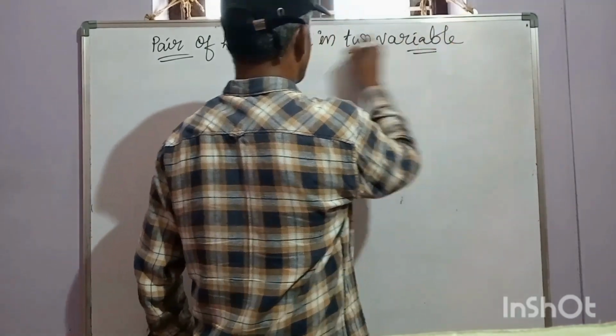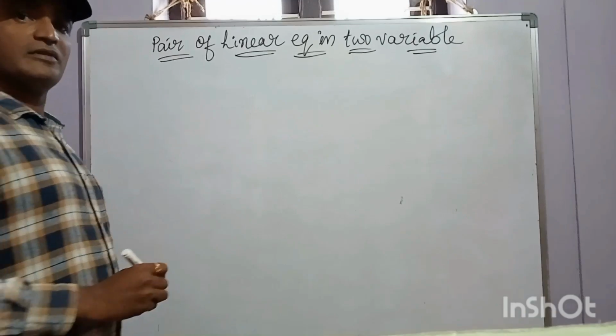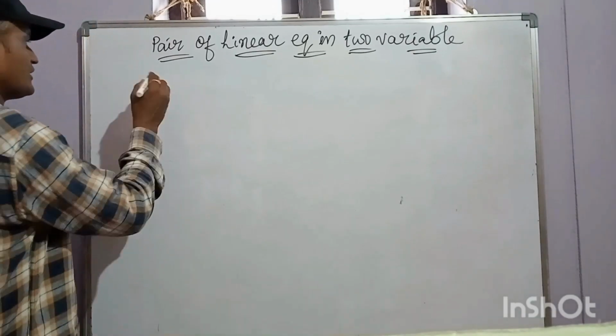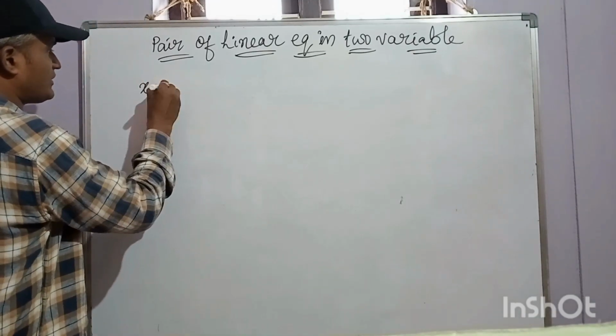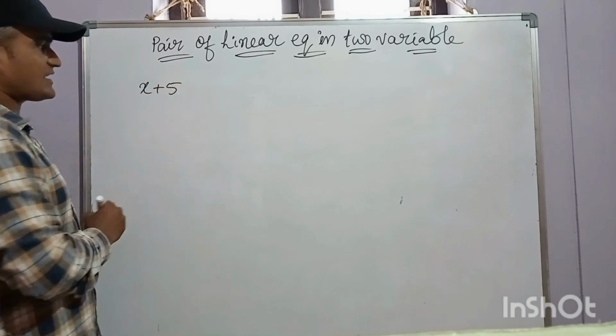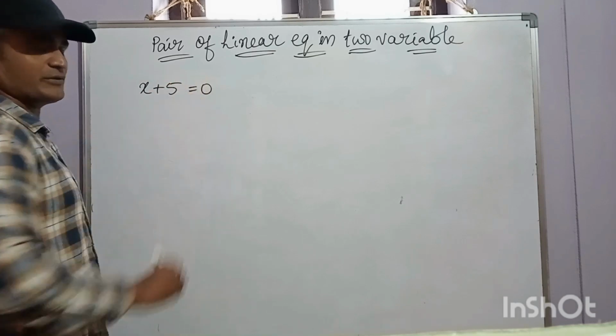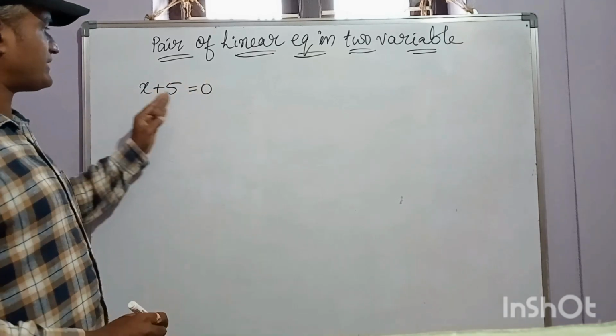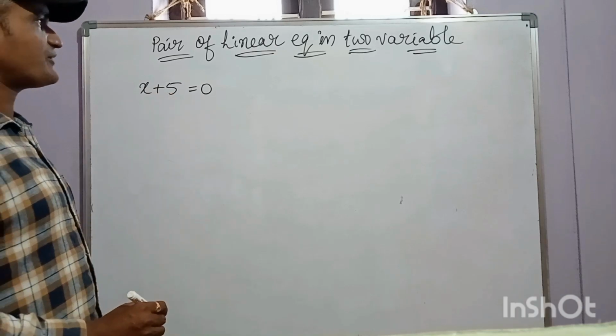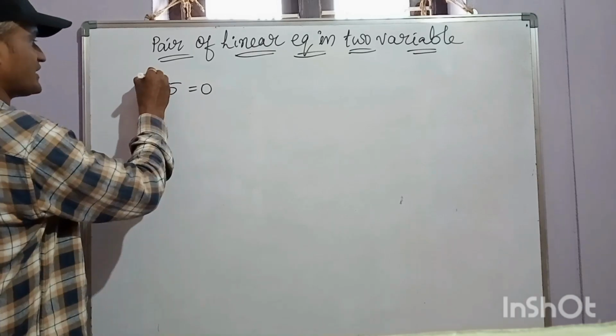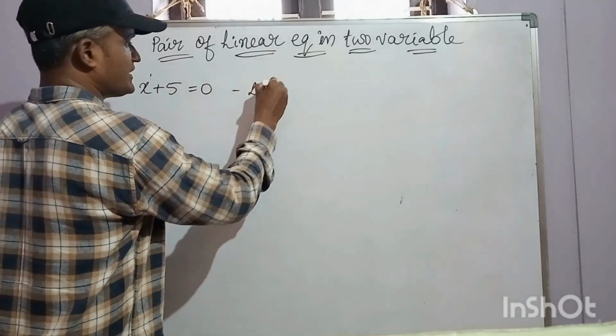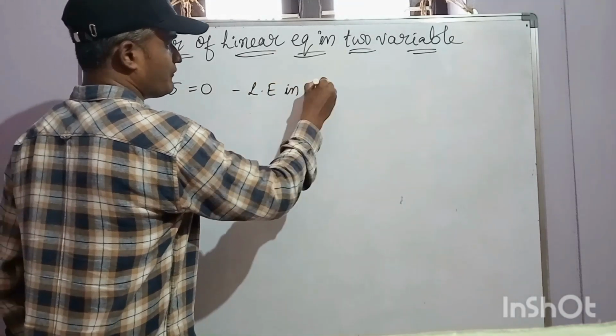Before that, let's talk about equations with one variable. This is an equation: x plus 5 is equal to 0. It is a linear equation because the degree is 1, and it is a linear equation in one variable.